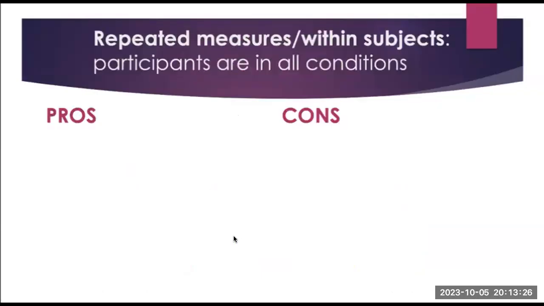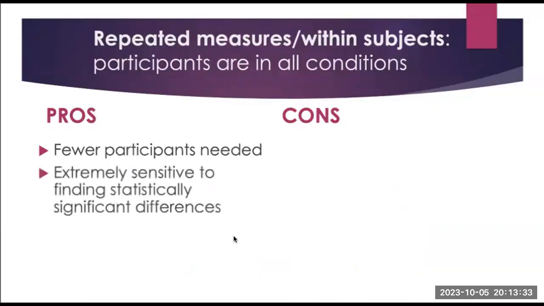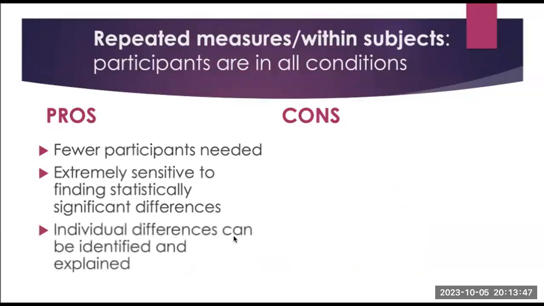So in terms of repeated measures, what are the pros? Well, you don't need as many participants because they're in all conditions. It's very sensitive to finding statistically significant differences, because now you're ruling out the extraneous variables of individual differences because they're the same individuals, right? So now you don't have to worry about that component.